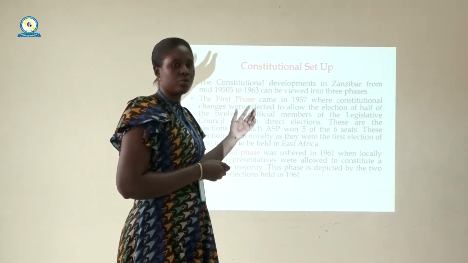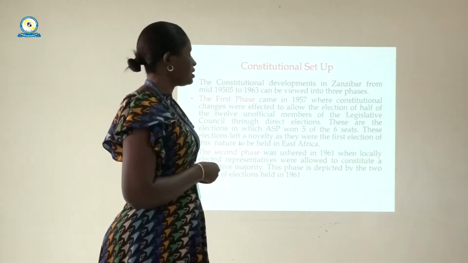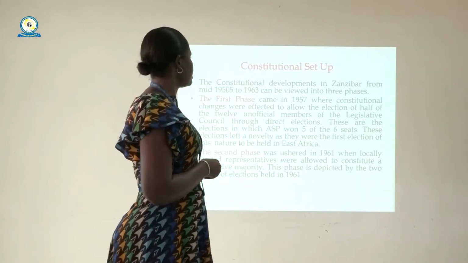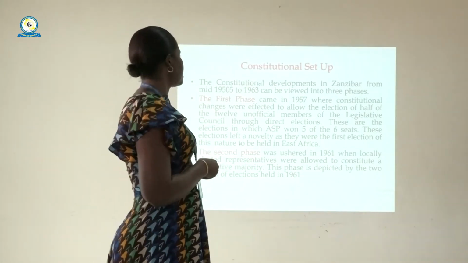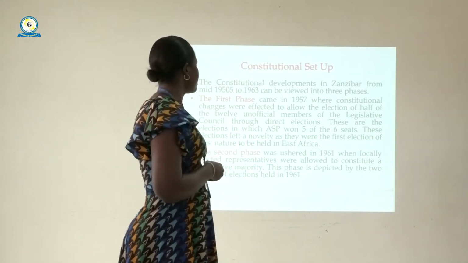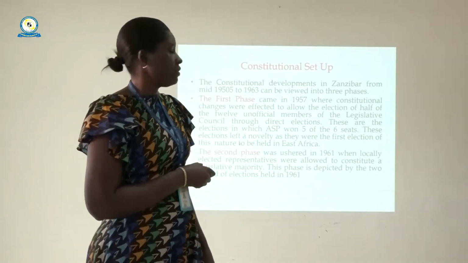How was the constitution then set up? This development could be observed from the 1950s to 1963, whereby Zanzibar was achieving its independence. So it can be viewed in 3 phases.